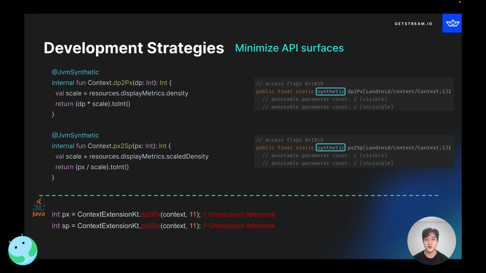If you want to prevent access from Java projects, you should attach the JvmSynthetic annotation to your internal methods or properties. Then, as you can see on the right side, they will be compiled into Java bytecode with a synthetic keyword, and they can't be accessed from Java projects.